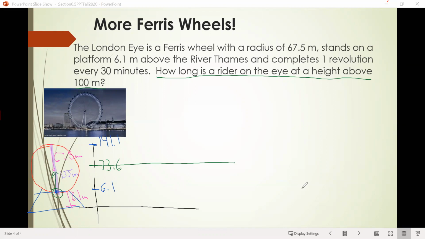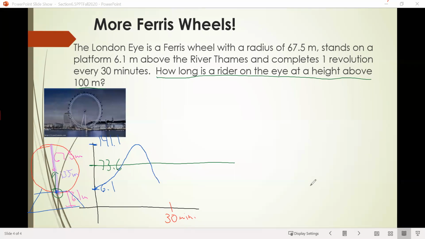And then we also know the Ferris wheel completes one full revolution in 30 minutes. So that tells us how long it takes to go all the way around. If we start at the top of the loading dock, the platform, and you imagine as the Ferris wheel spins, we can model the height like this.